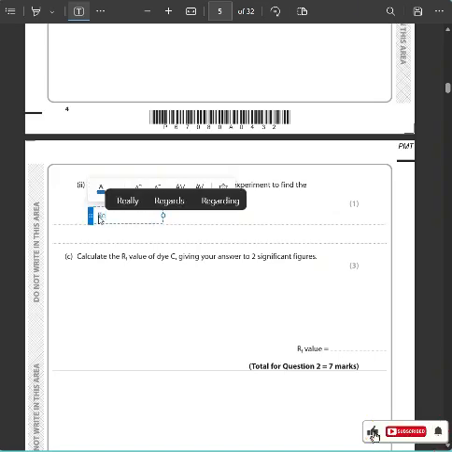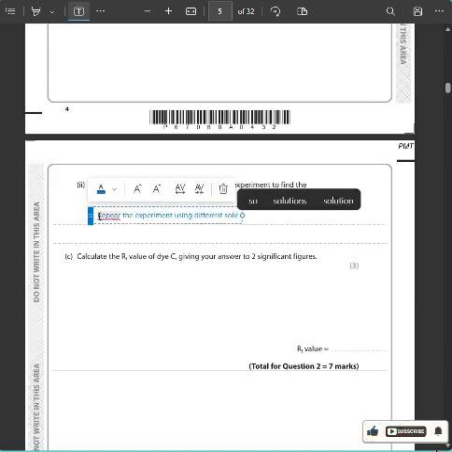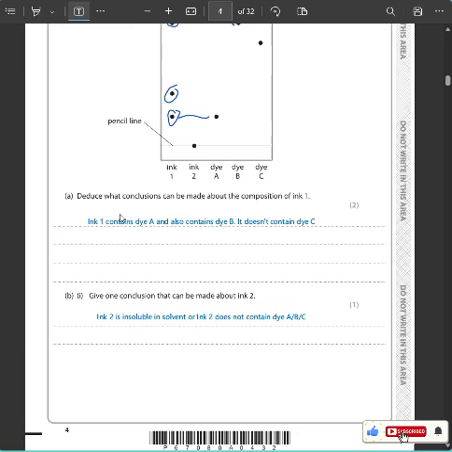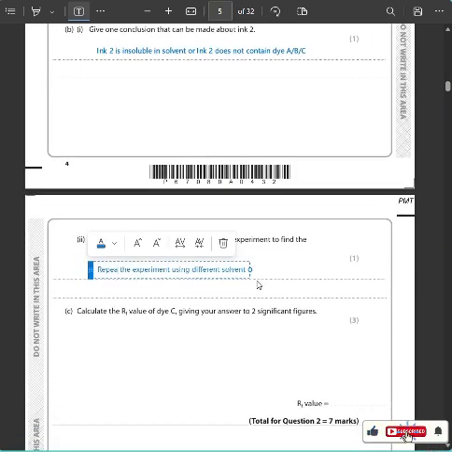The student should repeat the experiment using a different solvent, because ink 2 may be insoluble in the solvent that the student used first. That's why the student should use a different solvent.